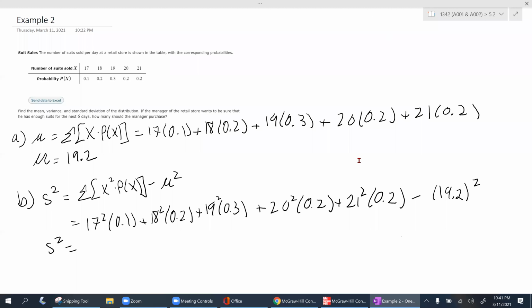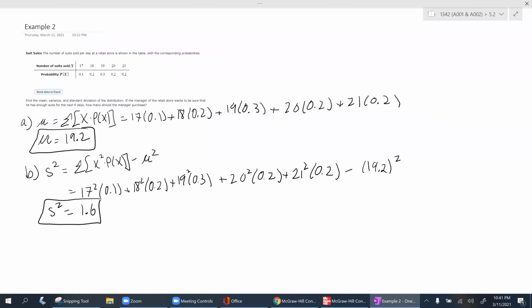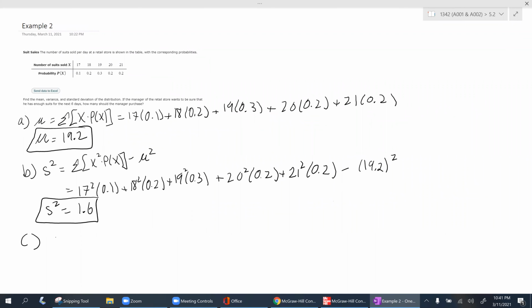And we're back, and we find out that this is 1.6. I had gotten these mixed up with my notes, meaning that is my mean, and this is my variance. So I find my standard deviation by taking the square root of that.